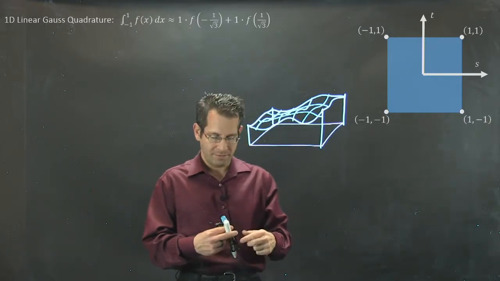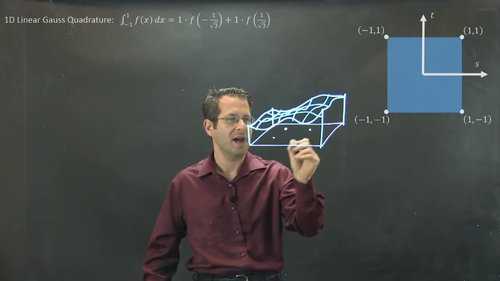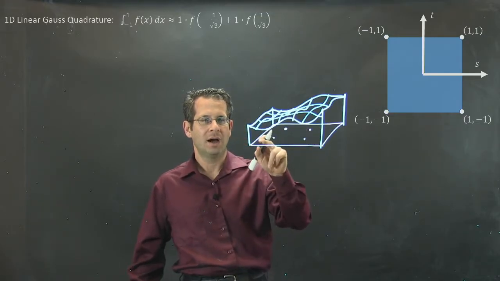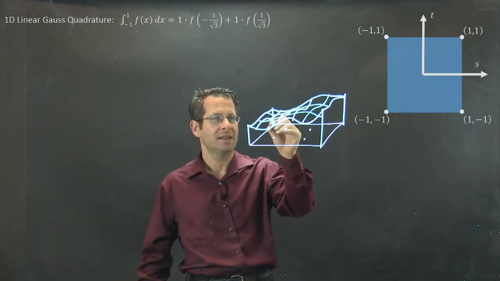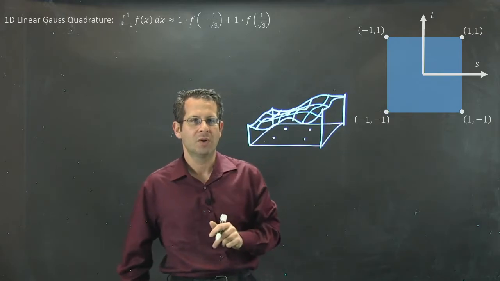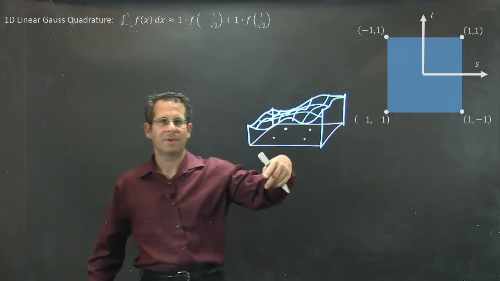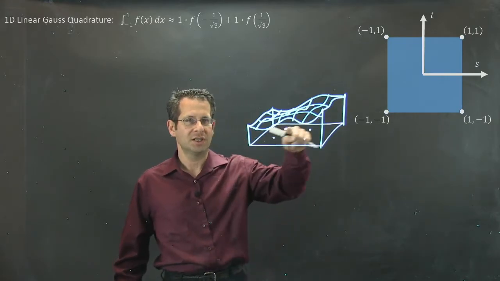So what I'm looking for is locations inside my plane where evaluating my function at these locations, and multiplying by the area of my plane, gives me a reasonable approximation to this volume.